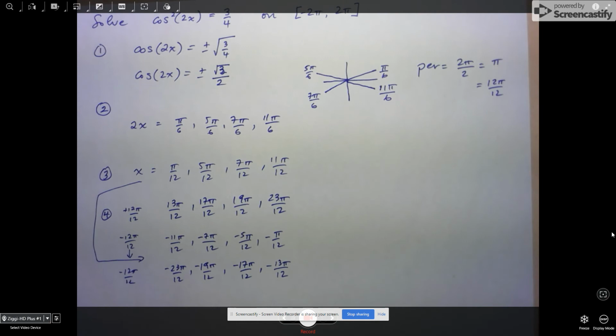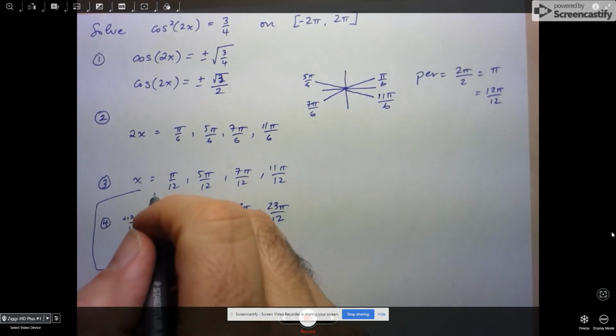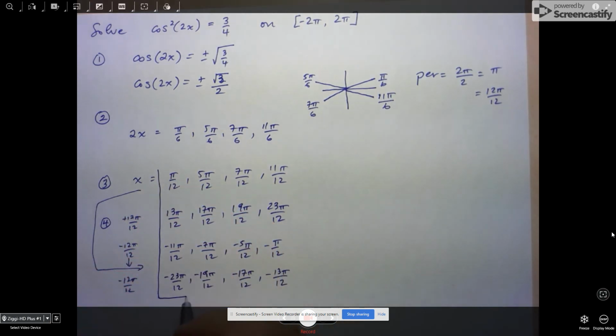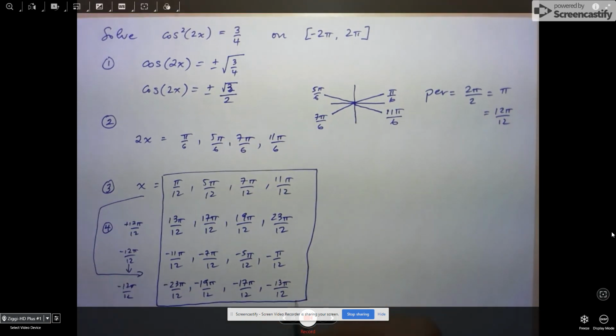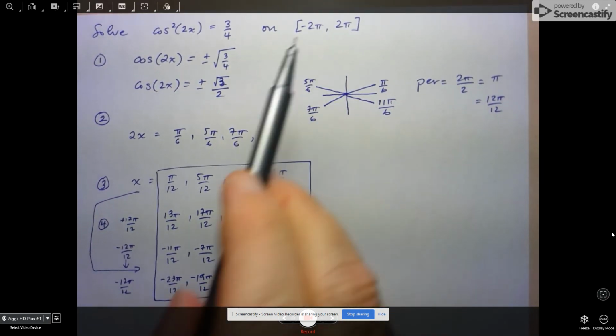I think that's as far as we're going to go, because if I take the smallest value here, or even the largest value here, and subtract 12 pi over 12 again, I'm going to be less than negative 24 pi over 12, which of course is what negative 2 pi is. So here we have in total 16 different answers possible to solve this equation on this range.